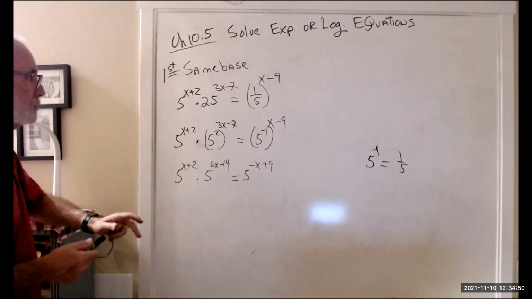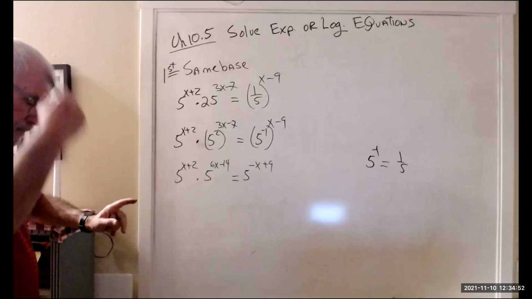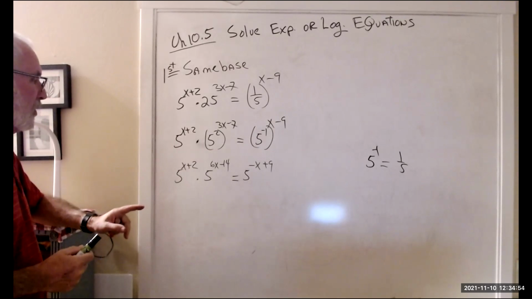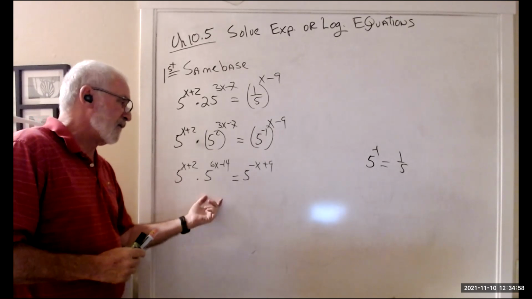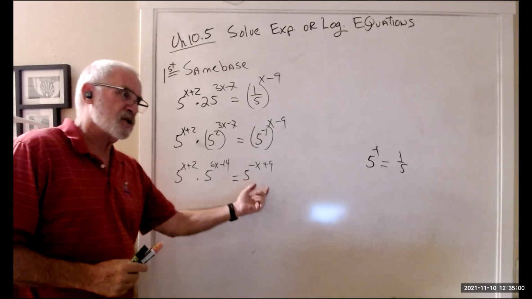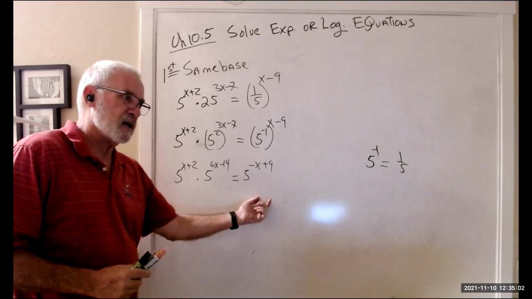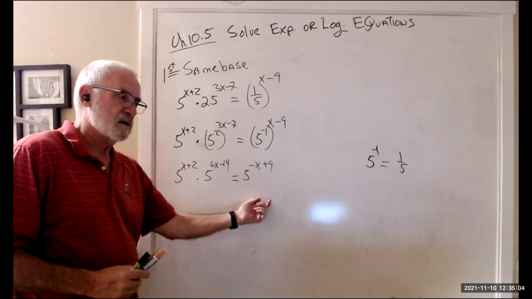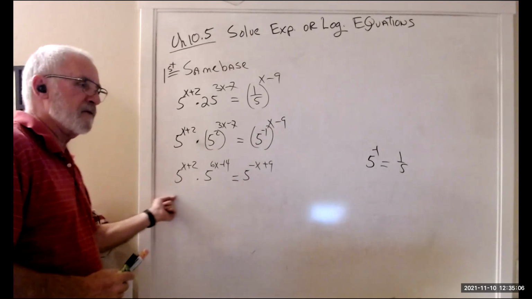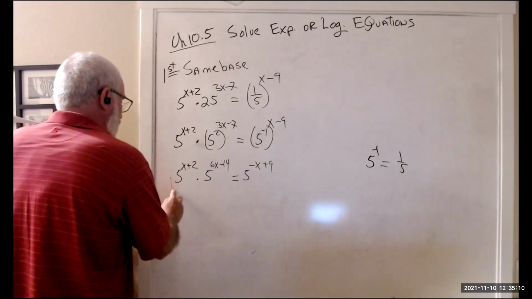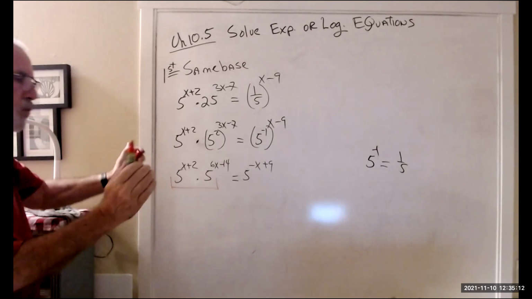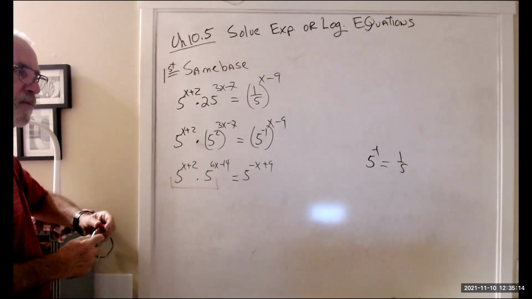Now, the next thing we want to do here is it had to be a single base 5 on this side and a single base 5 on this side. Just because we have all base 5, that's not good enough. We have to condense these into one base 5.